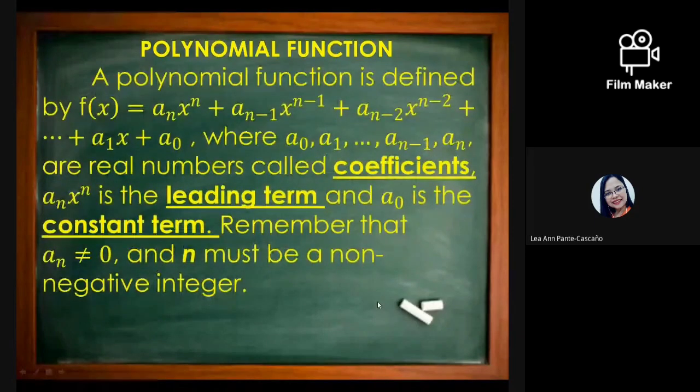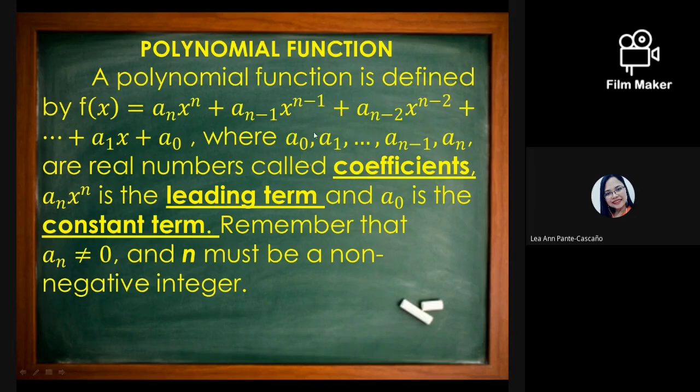A polynomial function is defined by f of x equal to a sub n x raised to n plus a sub n minus 1 x raised to n minus 1 plus a sub n minus 2 x raised to n minus 2 plus a sub 1 x plus a sub 0, where a sub 0, a sub 1, up to a sub n minus 1, a sub n are real numbers, or what we call the coefficients.